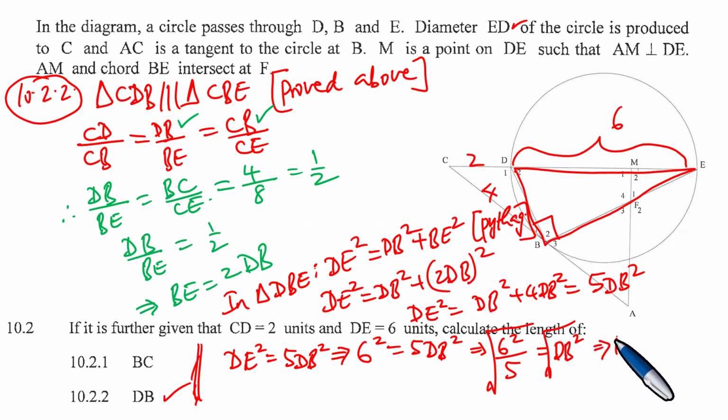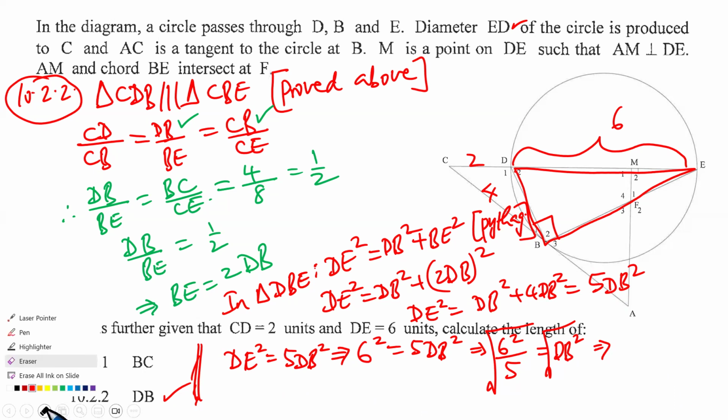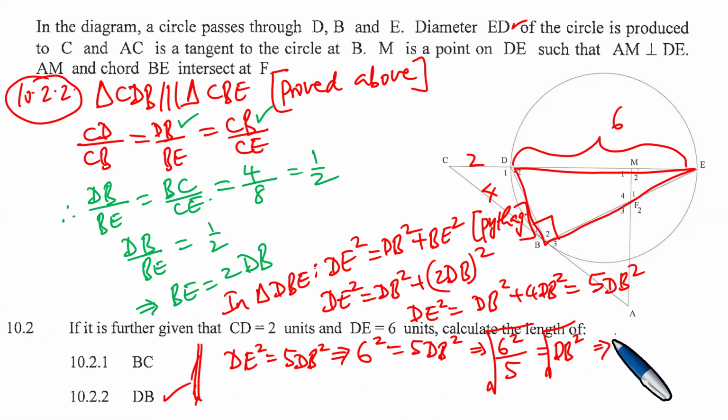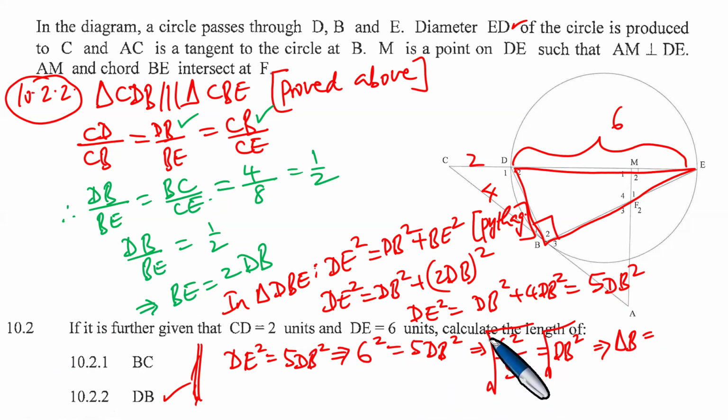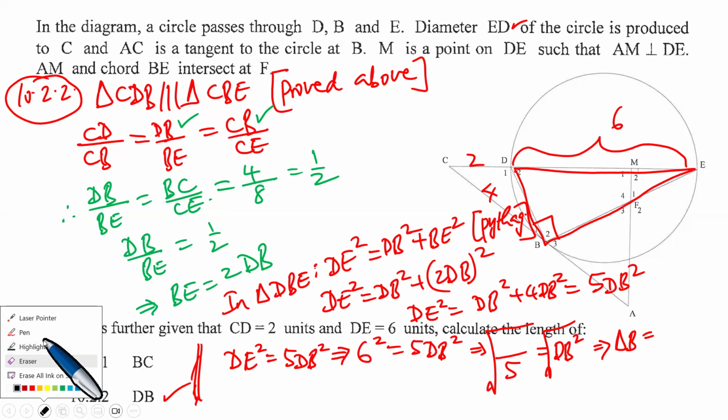And the conclusion is therefore that DB is the square root of 6 squared over 5. 6 squared is 36, you can write 36 here.